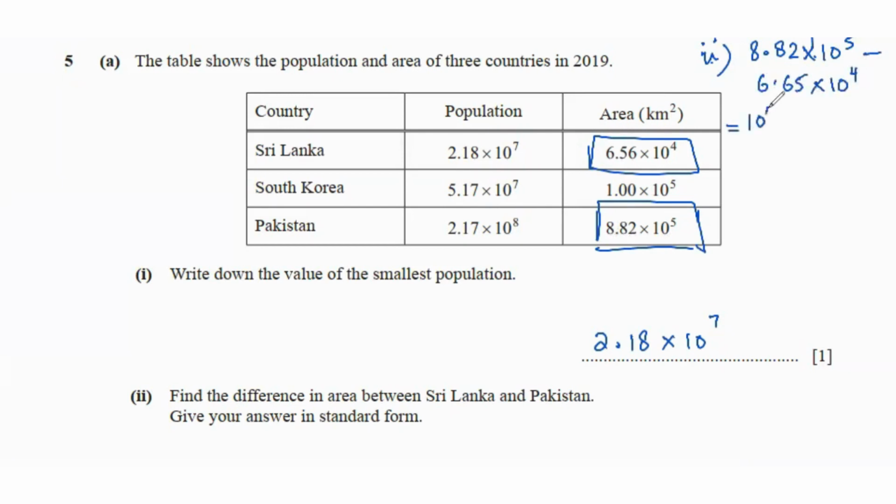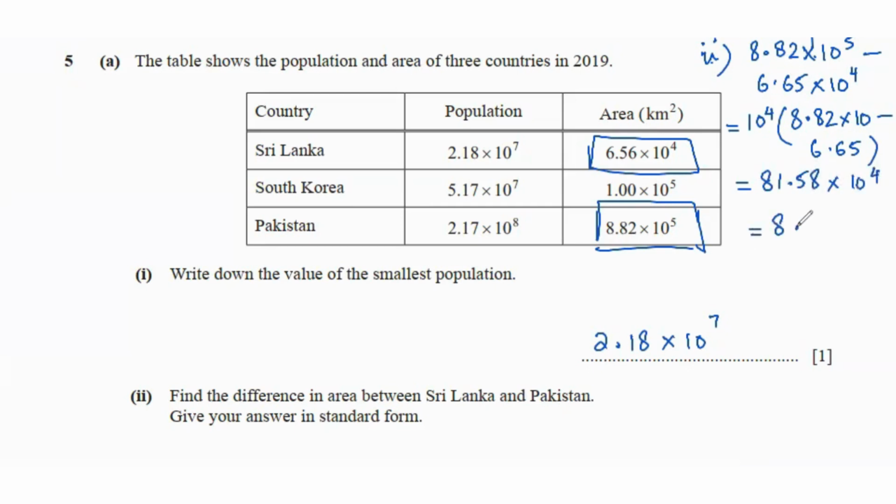I'm going to take 10 to the power of 4 common. So going to have 8.82 times 10 minus 6.65. So that's going to be 8.82 times 10, which is 88.2, minus 6.65, 81.58. So 81.58 times 10 to the power of 4.